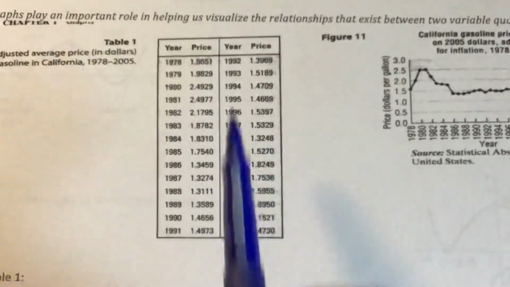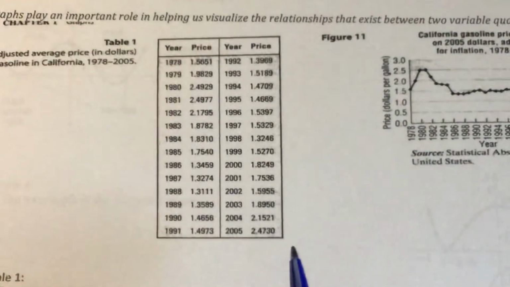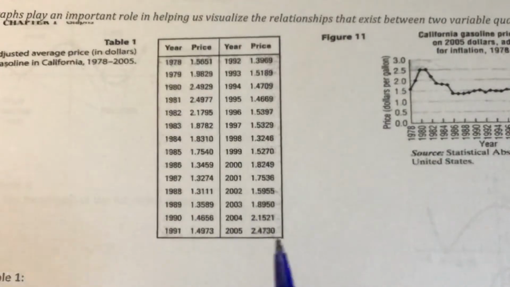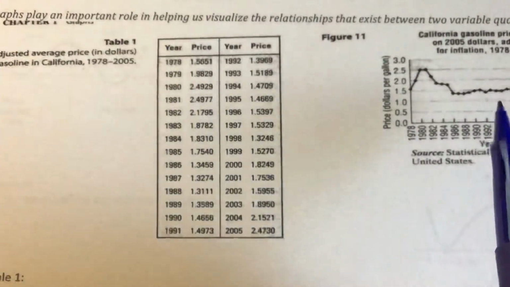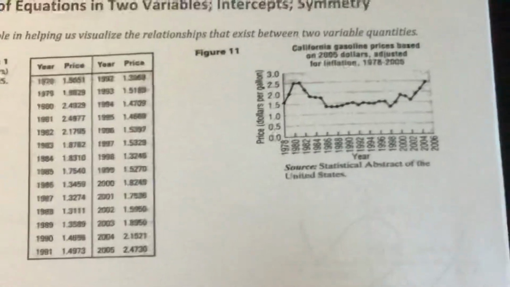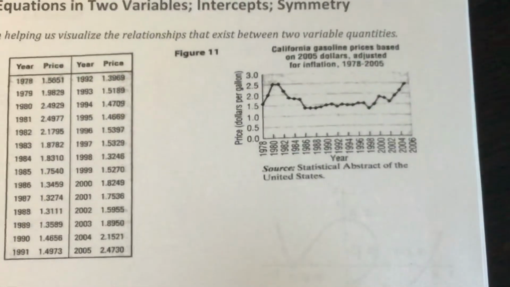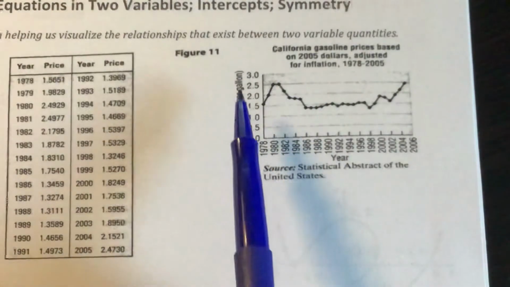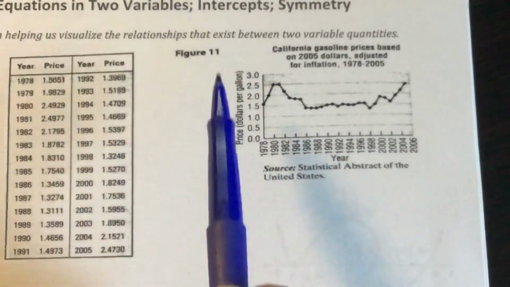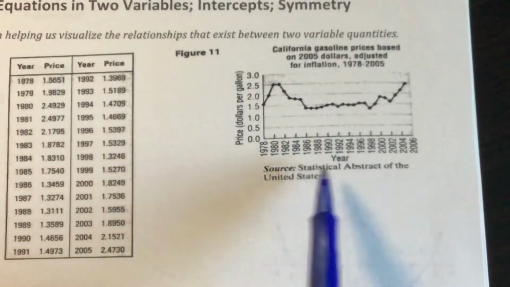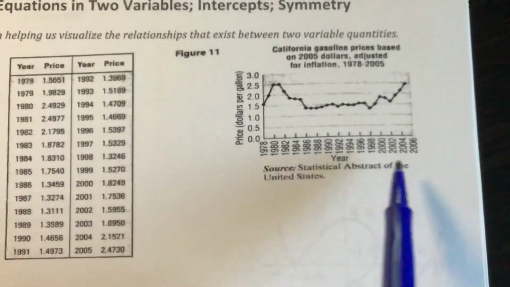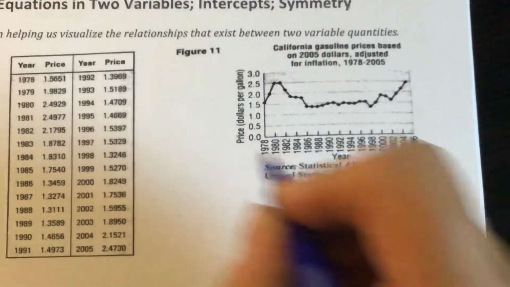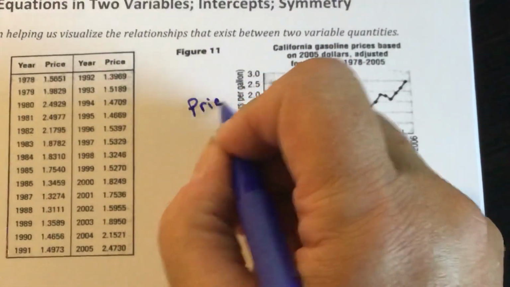But it's really difficult to see what's happening to the price of gasoline over time. So sometimes it's better to look at this data represented in a graph. Okay, so here we have the price of the gas as our y-axis, and in the x-axis we have the years. So here we're comparing time and price.